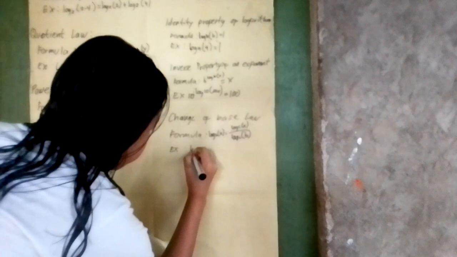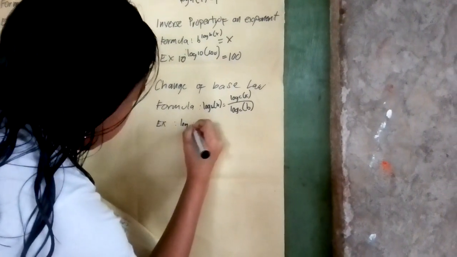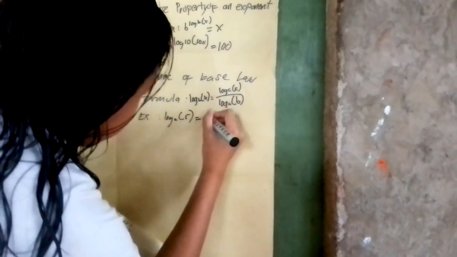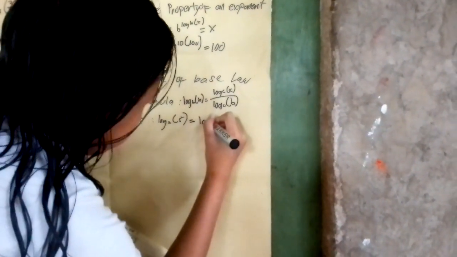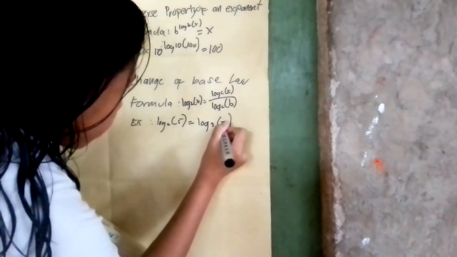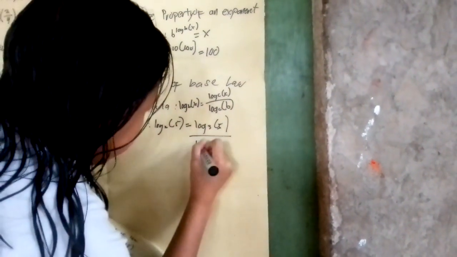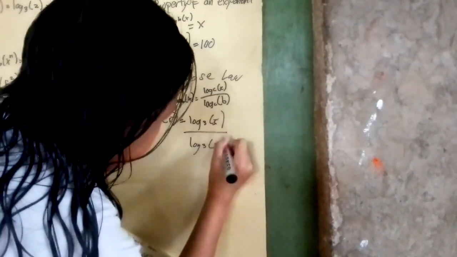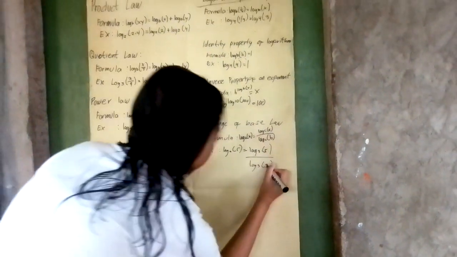So the example for this is log base 2, quantity of 5 equals log base 3, quantity of 5 over log base 3, quantity of 2.